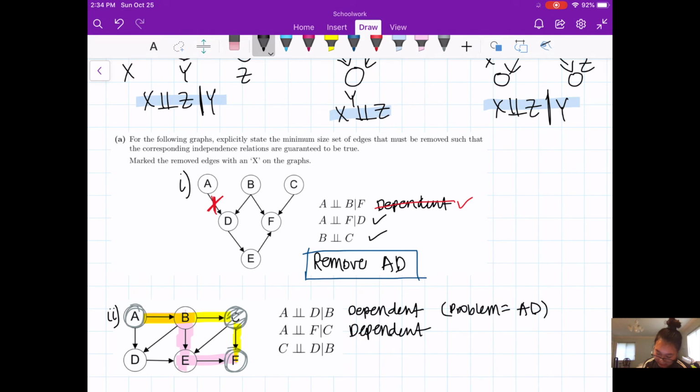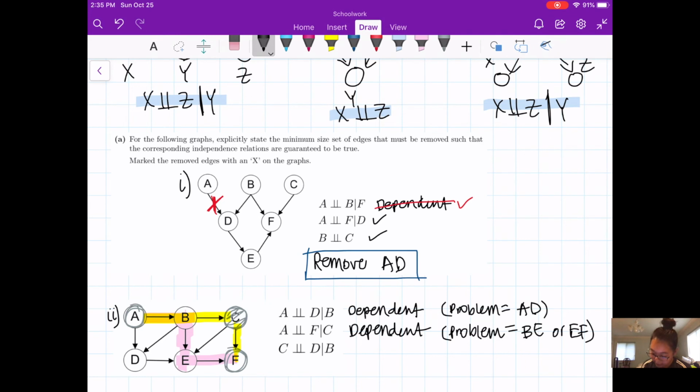And specifically, the problem is that we don't have a known node between these. So the idea is that maybe you want to remove BE or EF, for example, in order to alleviate this problem so that we don't have this crossover.